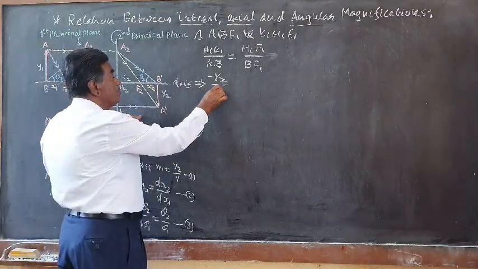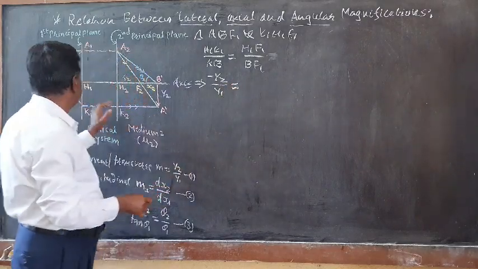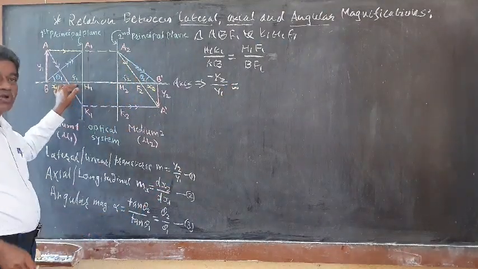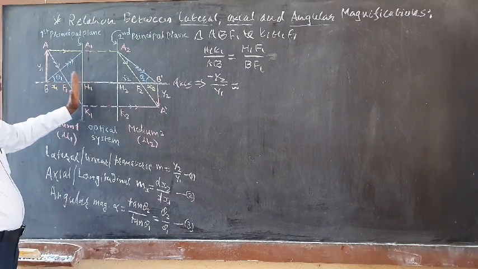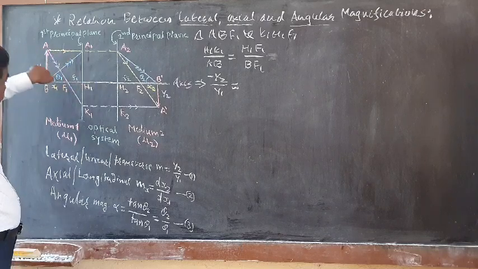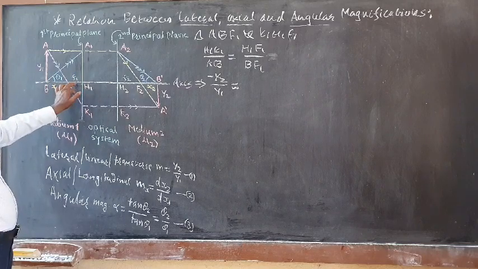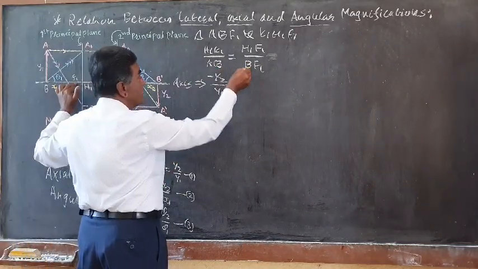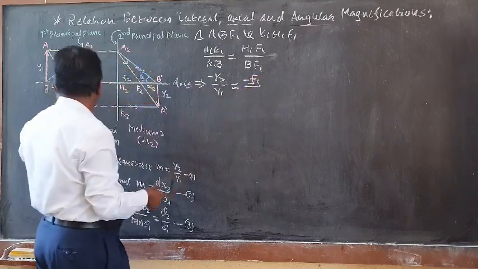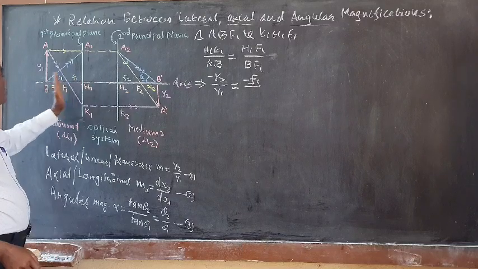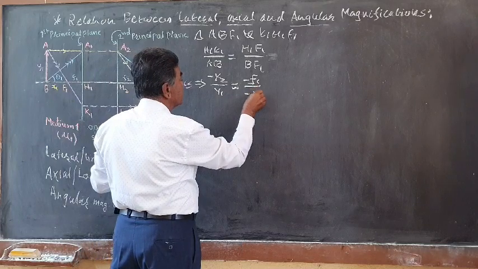This will be equal to H1F1, which is the first focal length of the lens system, and distances measured from the origin in the direction opposite to the direction of light are taken as negative. So H1F1 is minus f1, divided by BF1, which also lies on this side, so minus x1.